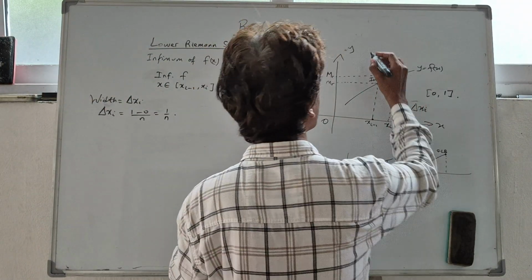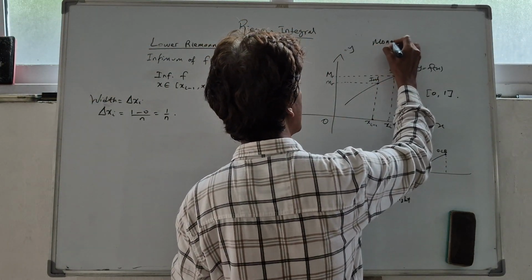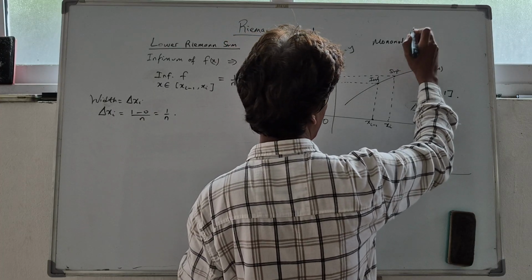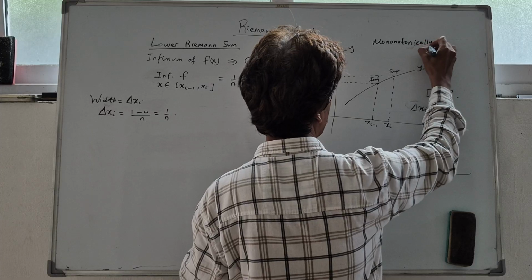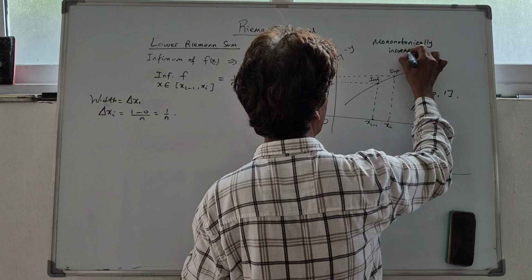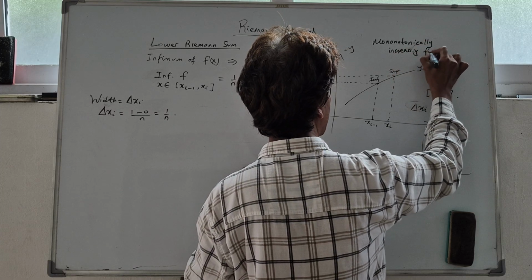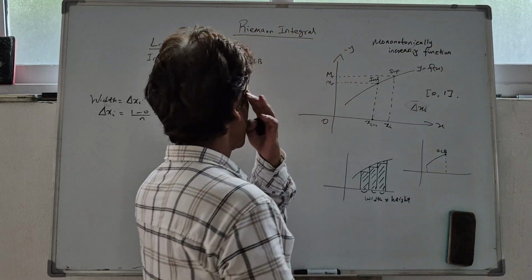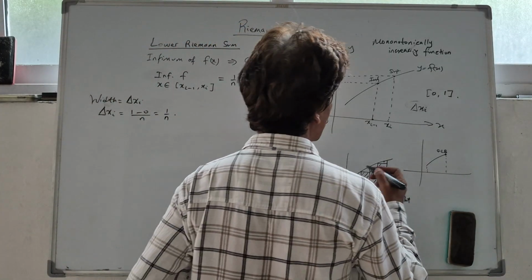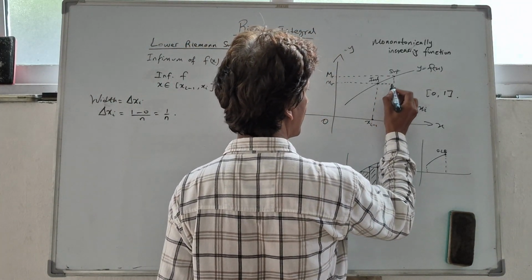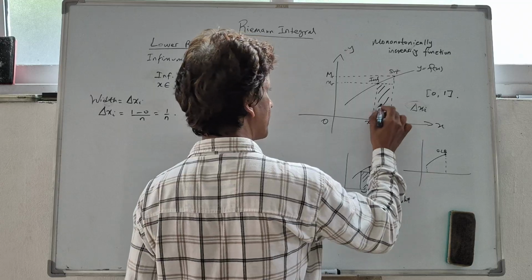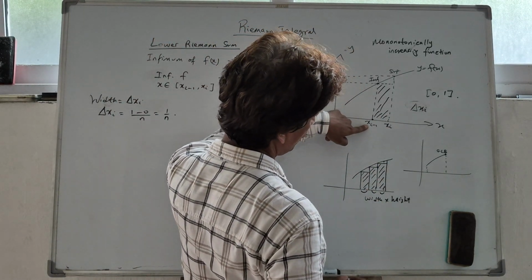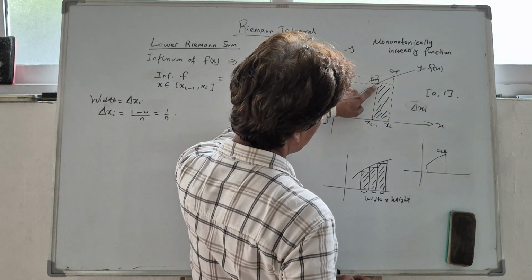This curve is a monotonically increasing function. Now you can have a curve that is a monotonically decreasing function. So if I want the area of this rectangle here, the functional value of x over here will be given by this left endpoint.